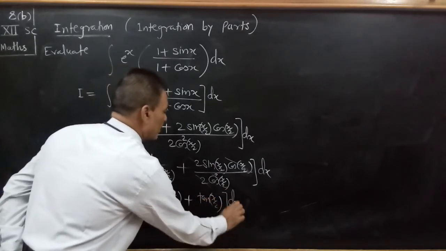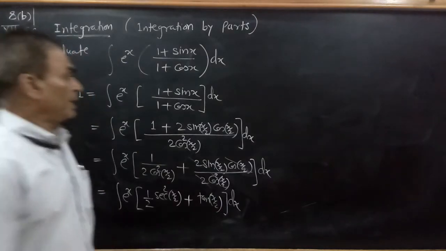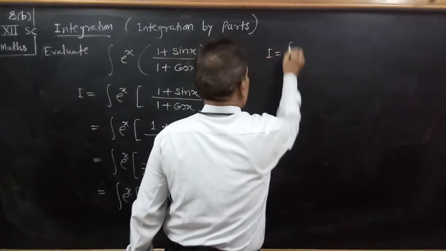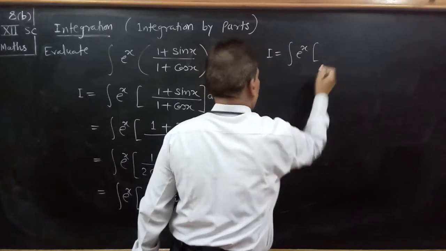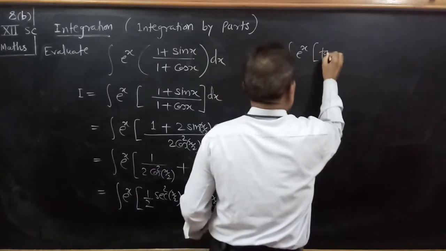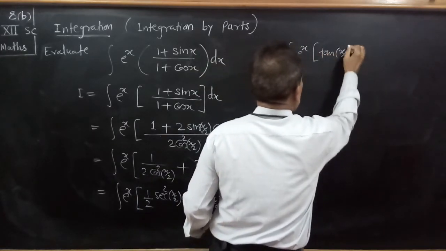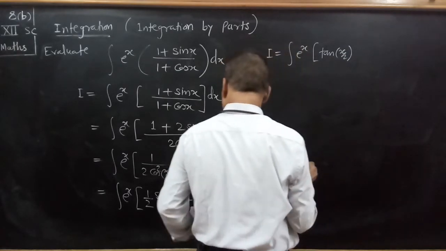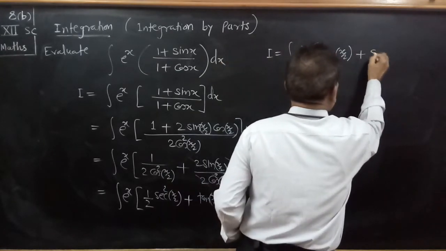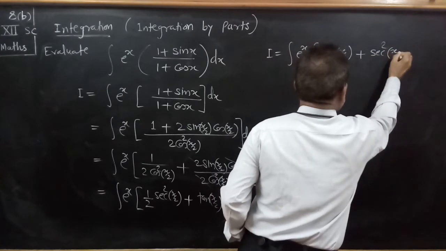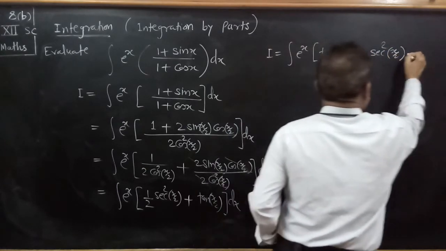Then I is nothing but the integral of e raised to x into bracket, addition is commutative, that's why you can note tan x by 2 first, plus sec square x by 2, and 1 upon 2 into dx.